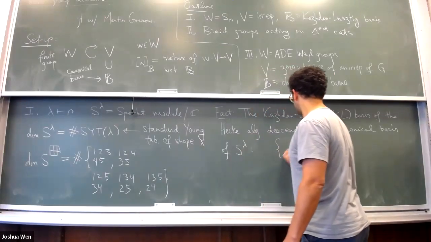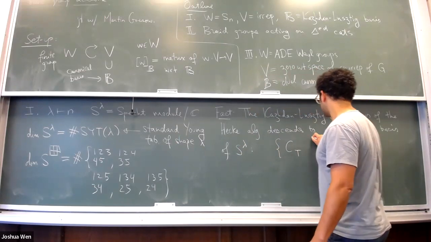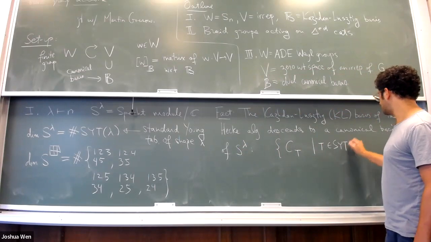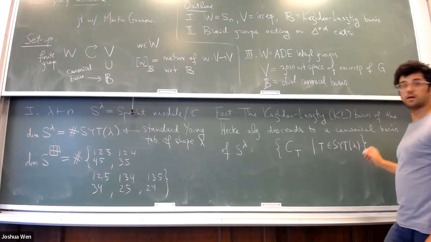Now, to note, this basis, C lower t, is naturally indexed by exactly the combinatorial object expected to be indexed by standard Young tableaux.